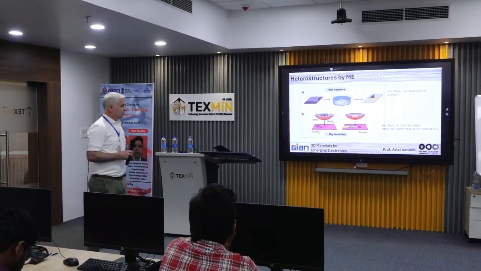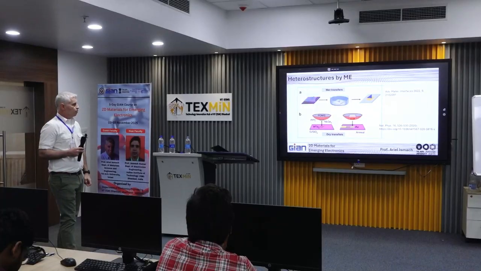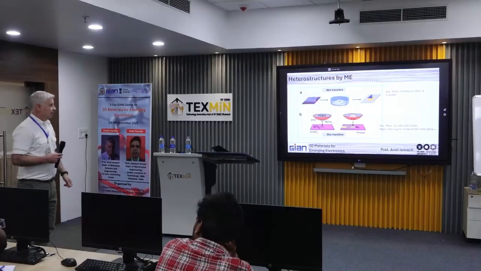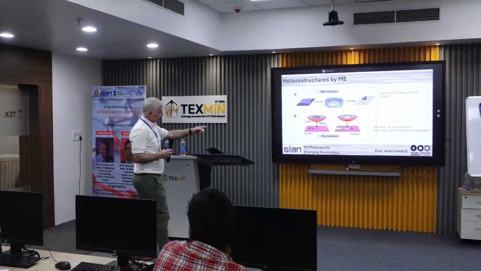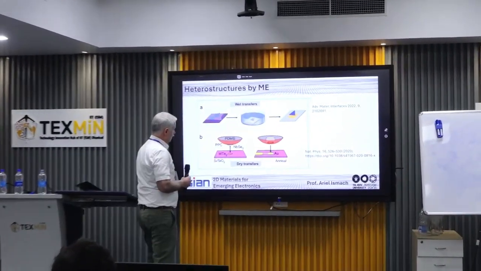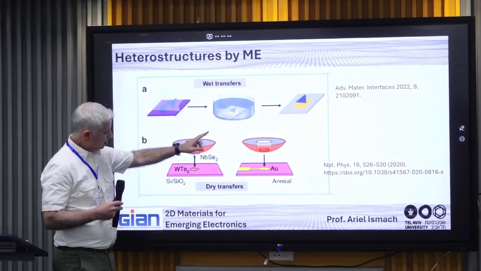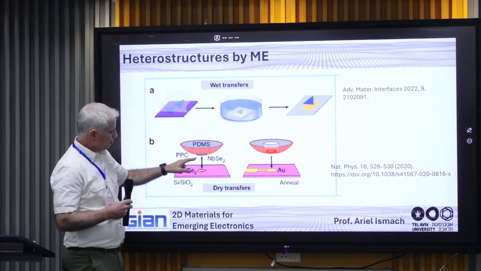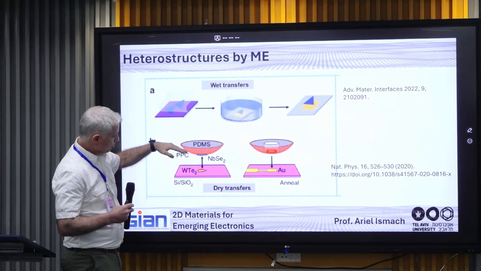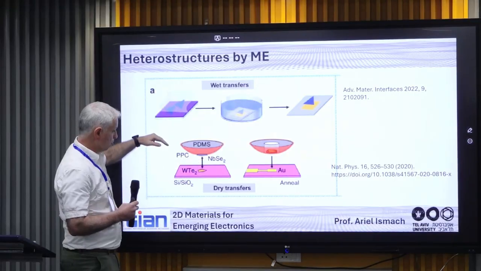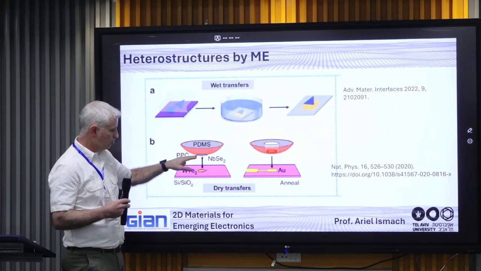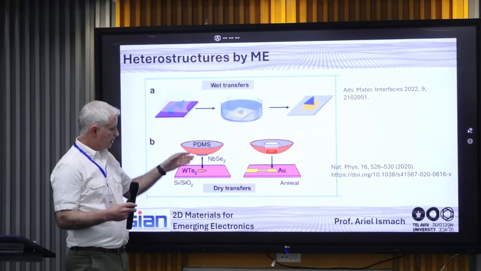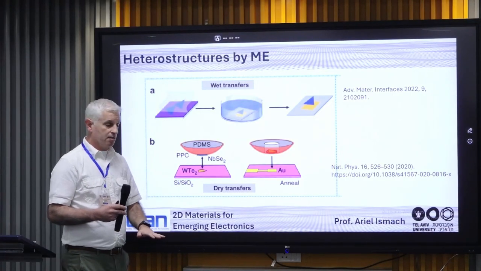The other methodology that is very common in groups that work with mechanical exfoliation is this method, where you can see that you have a PDMS kind of half a sphere, to avoid contact of the polymer with all the surface, and to reduce as much as possible the contact of this PDMS with the substrate.